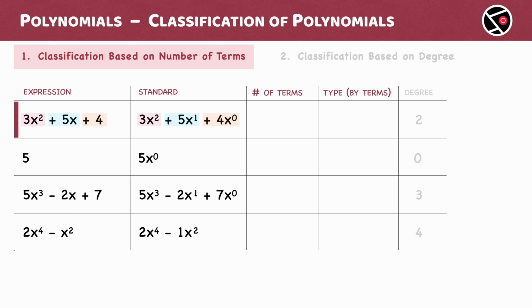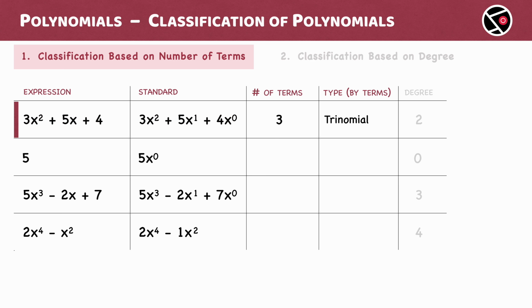Remember, the sign in the front of a term belongs to that term. Notice that I said 3x square for the first term, but we could also write it as plus 3x square. So we have a polynomial with 3 terms, and a polynomial with 3 terms is called a trinomial.